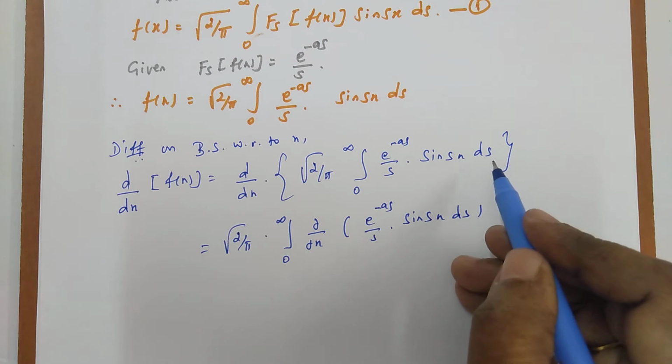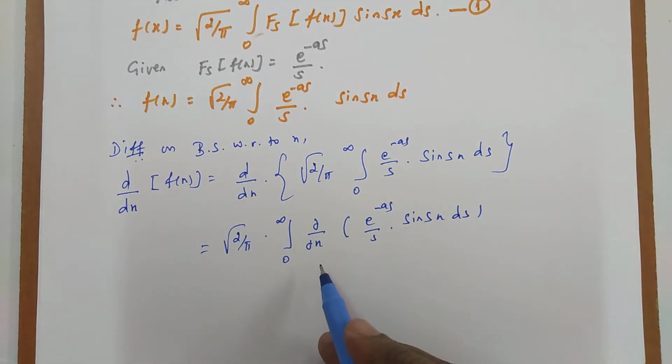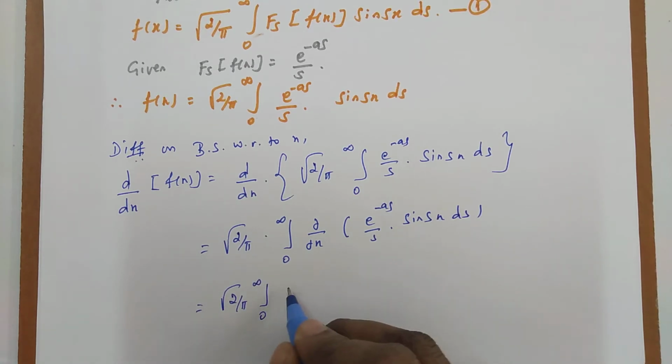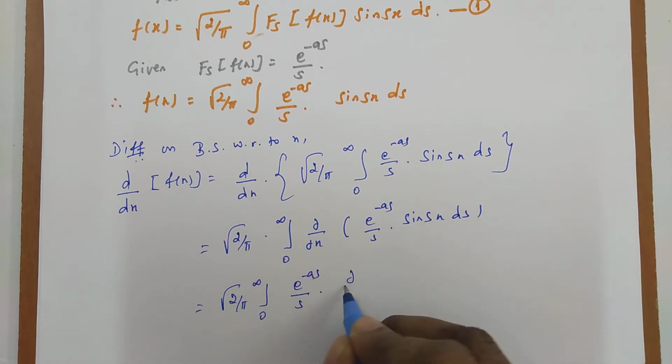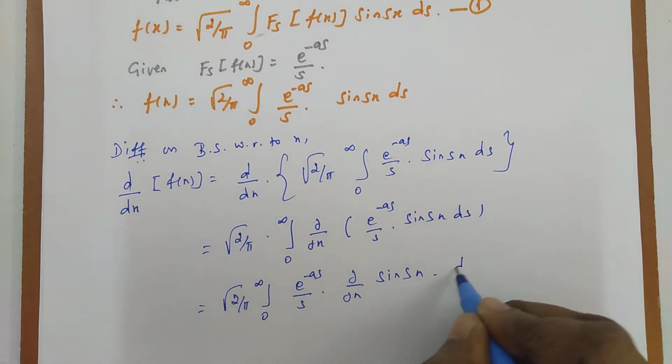Here x and s, two variables, are there, so the differentiation will become a partial derivative. That is why we have written dou by dou x. So this is equal to root of 2 by pi integral 0 to infinity e power minus as by s into dou by dou x of sin sx ds.